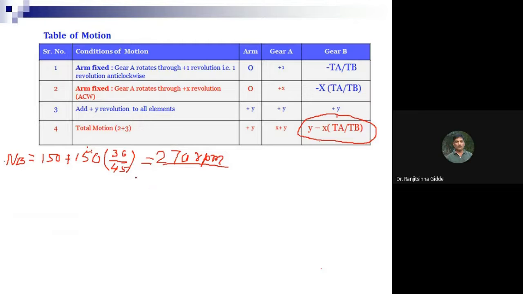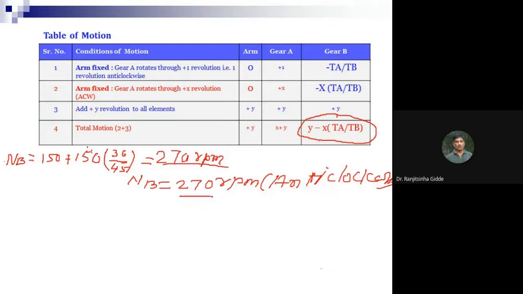Therefore NB is equal to 270 RPM, and here we can write, inside the bracket, in the anti-clockwise direction, because whatever final sign we get, that is plus.